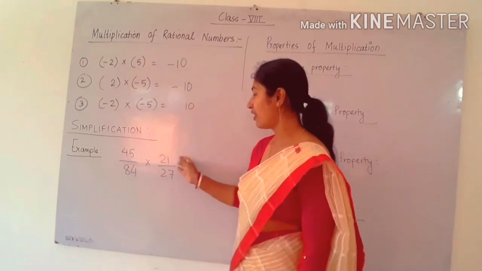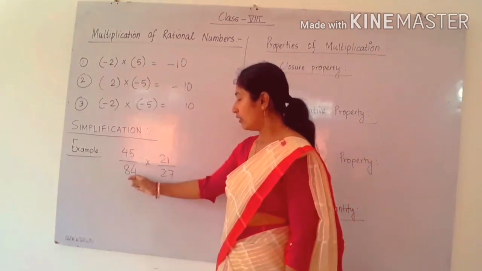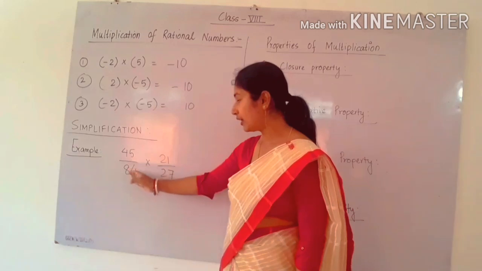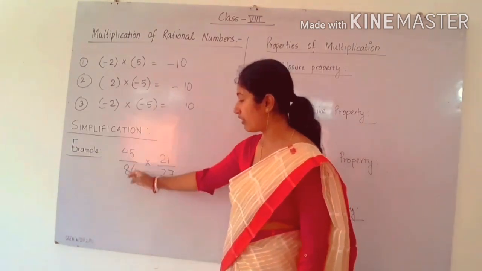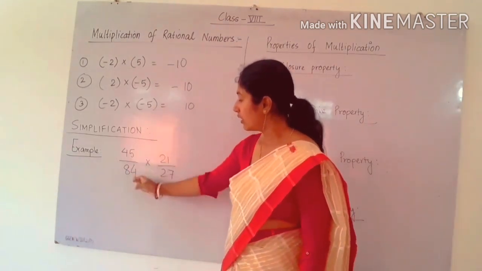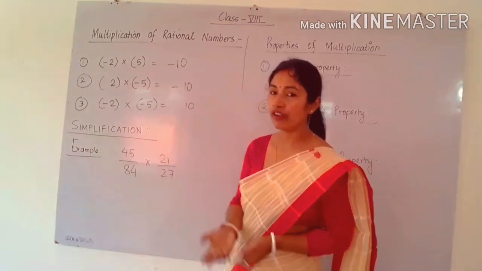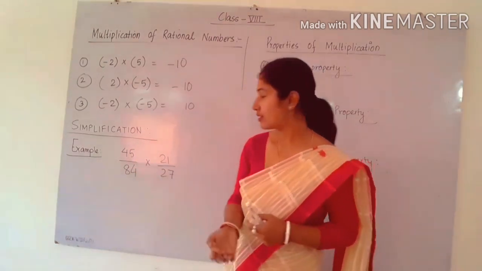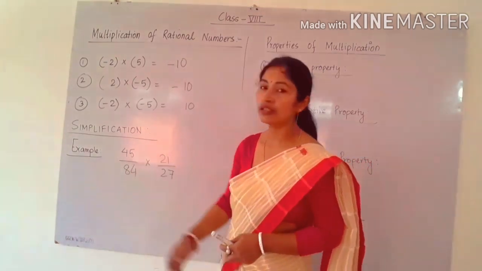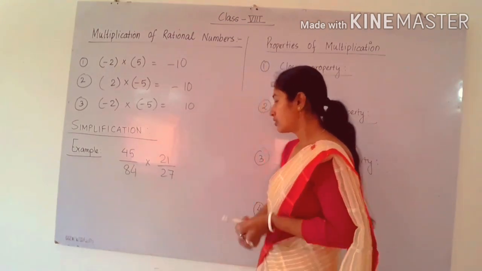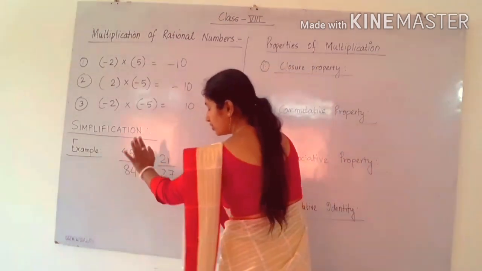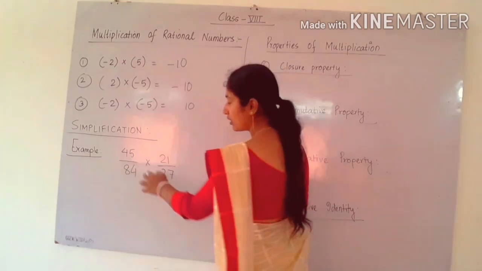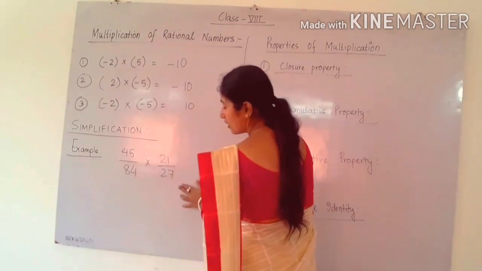So to simplify, we first see the numerator and denominator. Here you can see 45 and 84. If they have a common factor, then you can cancel the numbers using that factor.